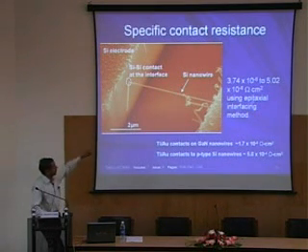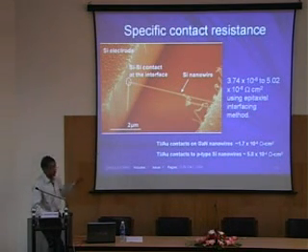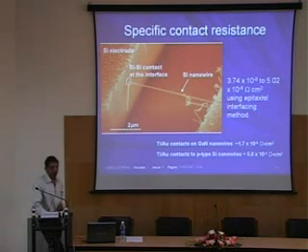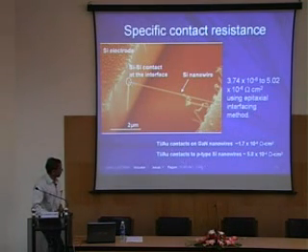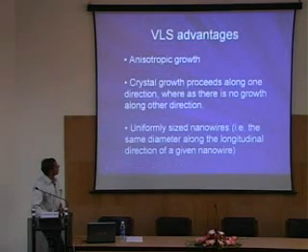However, using this epitaxial interfacing without any metal contacts, people have demonstrated that the contact resistance can be brought down by orders of magnitude. So it is not only the resistance of the wire, but even the contact resistance that is very important. These are very recent results, demonstrated sometime in July.